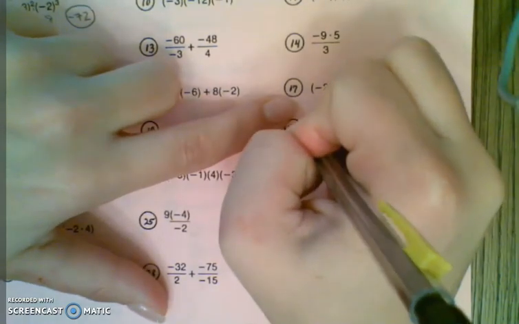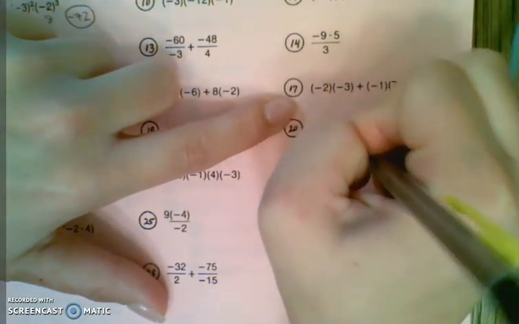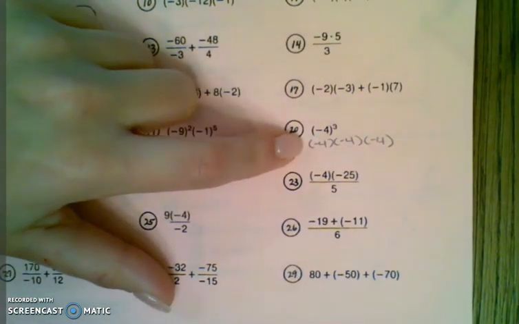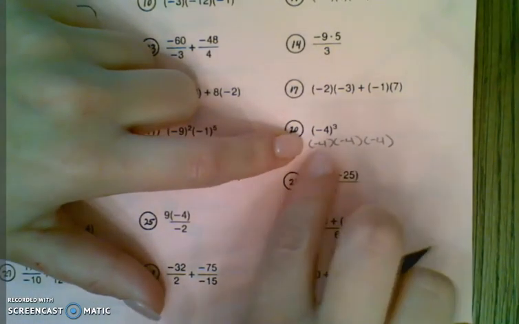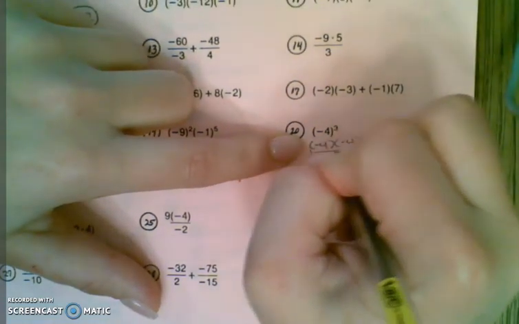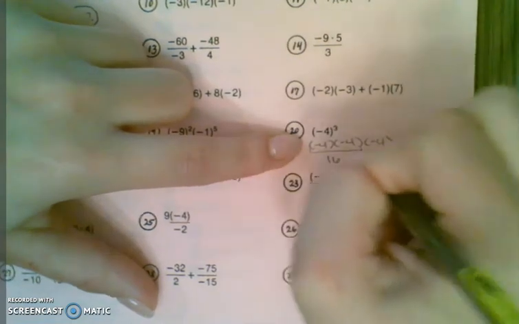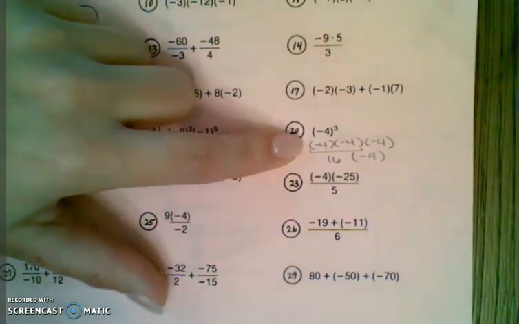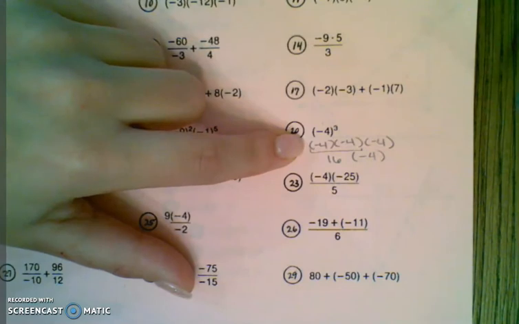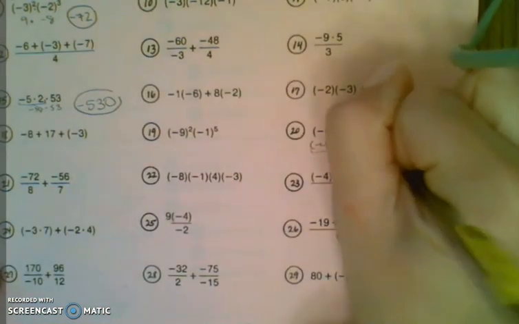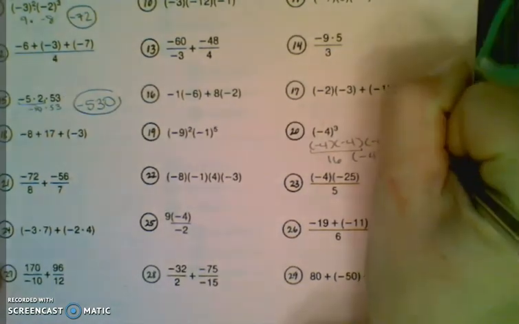So that's actually -4, -4, -4. If you're using your calculator, you can just type that in. But -4 times -4, we're going to do it by hand. Negative times a negative is a positive, and that's a 16. 16 times -4 is, sorry, all my brain right now, 16 times 4. So that would be equal to a -64.